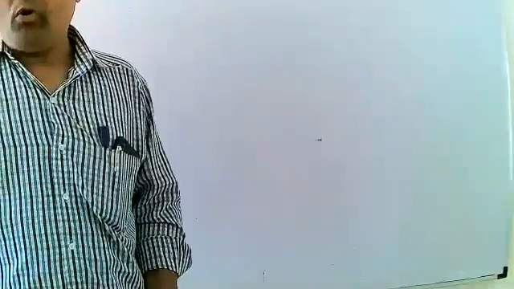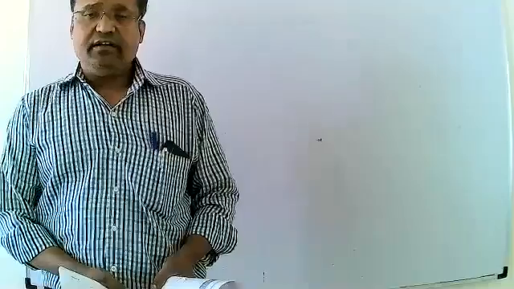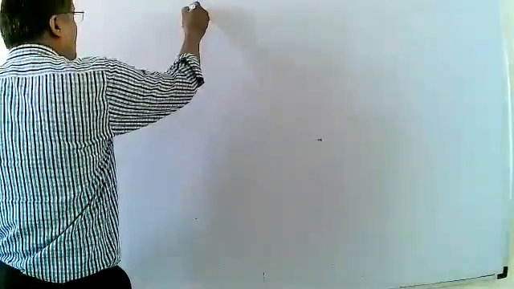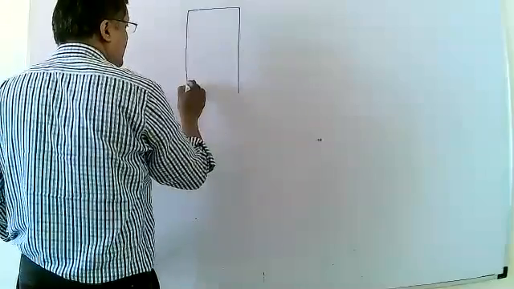Then in this problem we have to calculate shear stress at 50 mm. First of all, whatever information is provided, you can write it down. This is a rectangular section, the width is represented by b, 100 mm, and the depth is 200 mm.